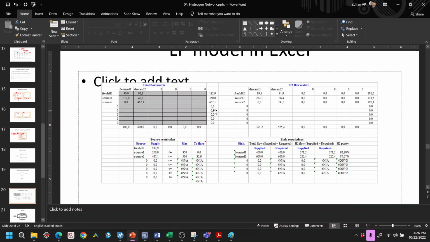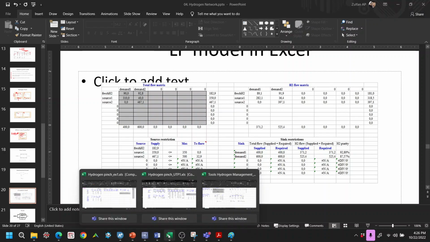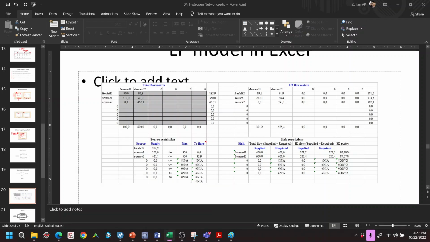And then I have this source restriction.